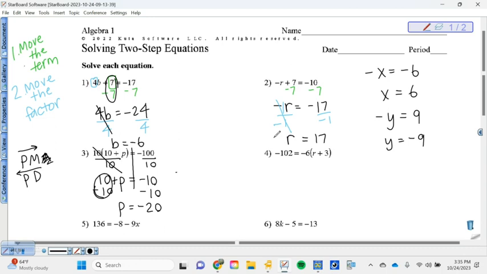I'll give you a couple more minutes, a moment or two. So always subtract from the side that has the variable.